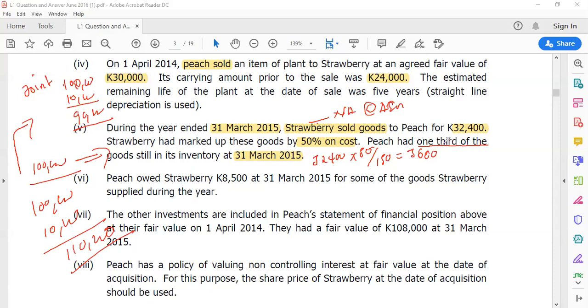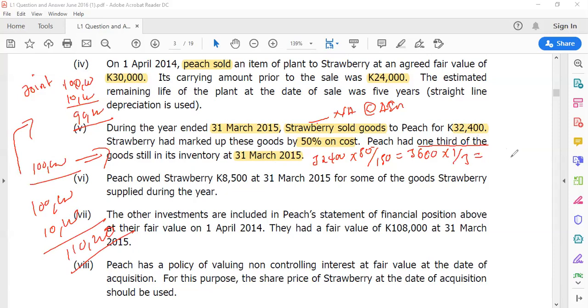Now here, what we are saying is that he remained with 1/3 of the goods in inventory. That means the others he sold, it's okay. So we're going to multiply this 3,600 by 1/3. How much is that? Let me multiply properly.